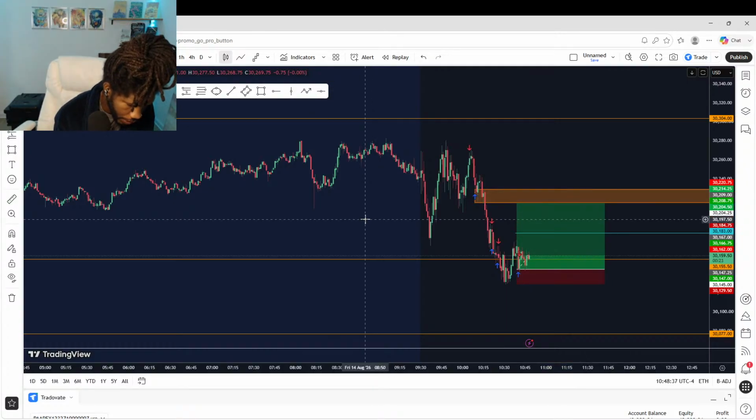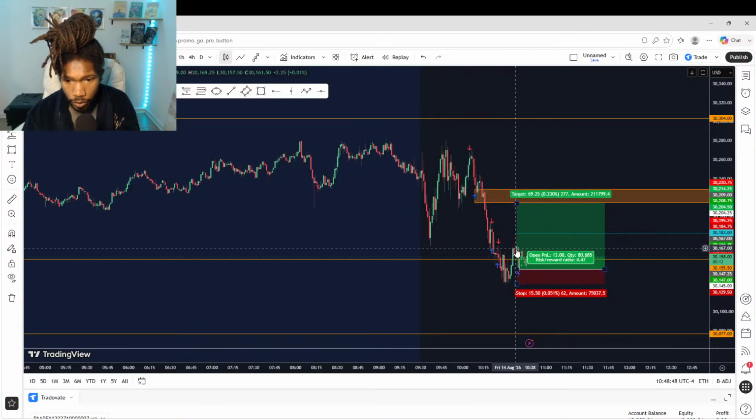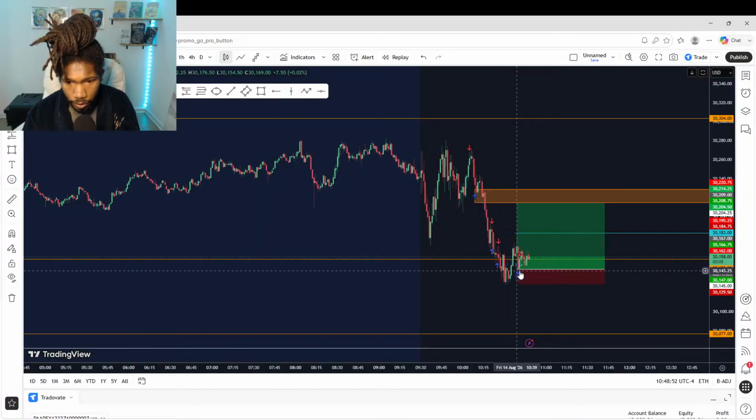But we need price to actually pull back again. The only thing about that is temporary lower highs. If it continues that, it could break these temporary lows and push down.